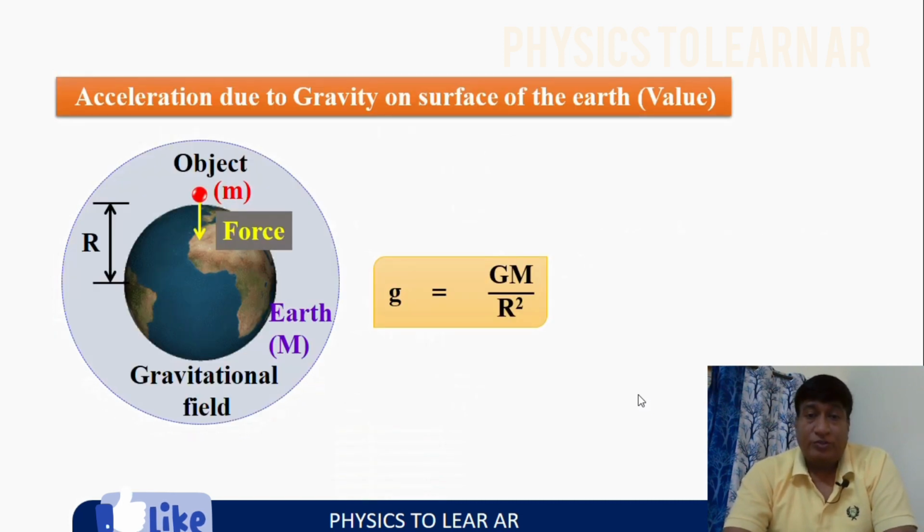The acceleration due to gravity on the surface of the earth, the g value, is 9.8 meter per second square.